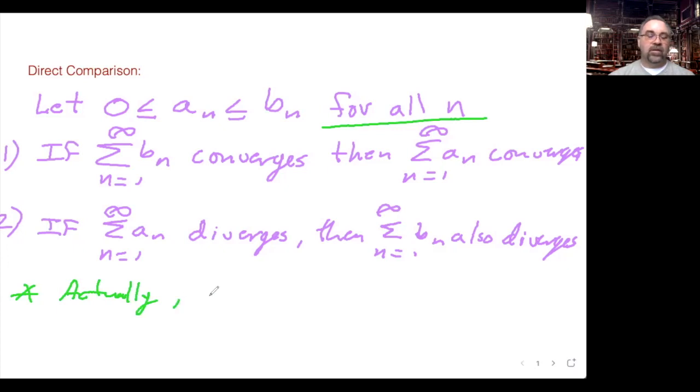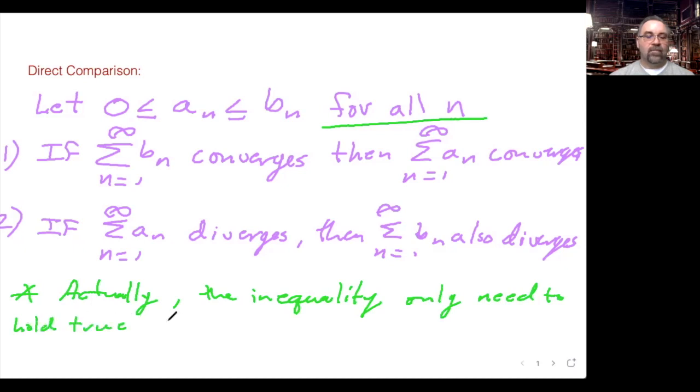The inequality only needs to hold for little n greater than or equal to some big N. So whether it's the first 10 terms or 20 terms, it doesn't really matter.